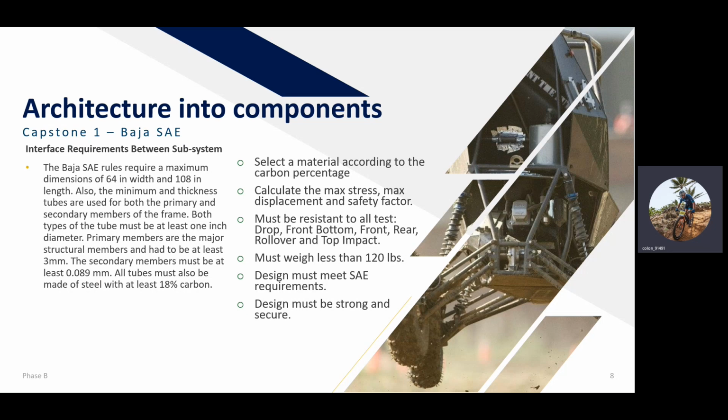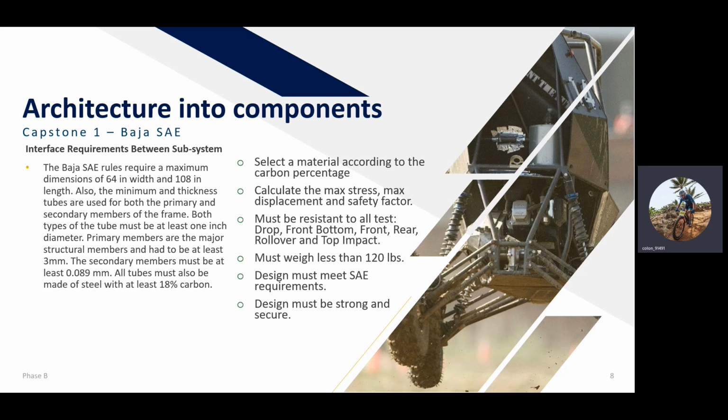Both sides of the tube must be at least 1 inch diameter. Primary members are the major structural members and have to be at least 3 millimeters. The secondary members must be at least 0.089 millimeters. All the tubes must also be made of steel with at least 18% carbon.